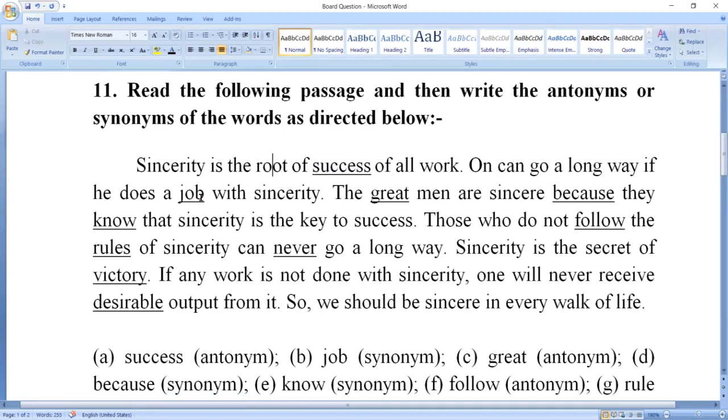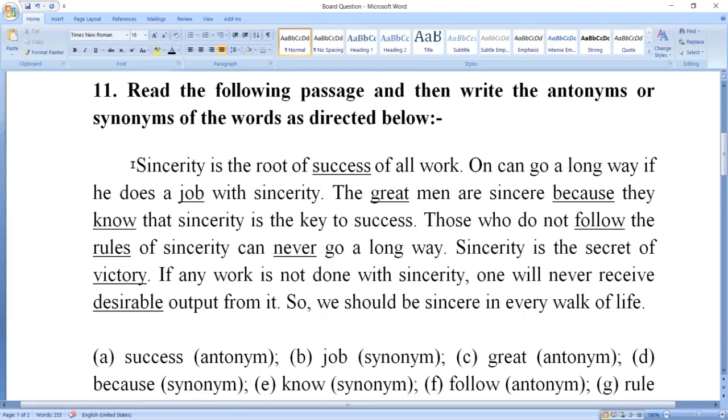But whenever you look for a word in a dictionary, you will see that the word has different meanings, and those meanings are called literal meanings. So when you are going to write the synonym or antonym, you first need to understand the contextual meaning of that particular word, that is the meaning according to the sentence. So let's start the text.